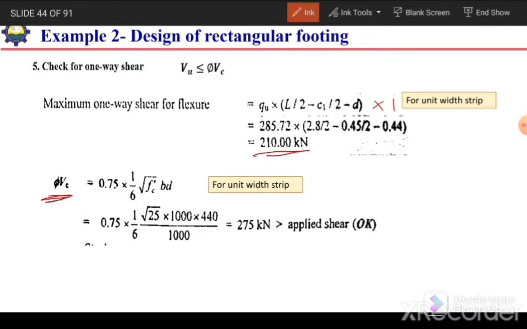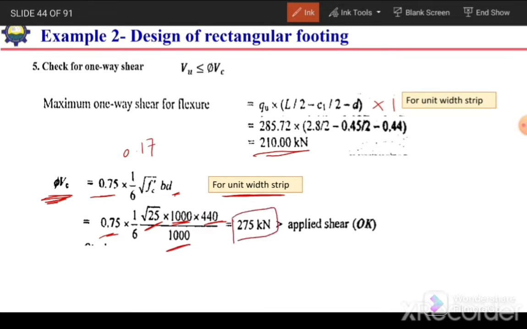Okay, then we need to calculate the capacity for the unit width of footing. Here the capacity is given by 0.75 times 1 by 6, or 0.17, times square root of fc prime times B into D. So 0.75 times 1 over 6 times square root of 25, and here B will be equal to 1000 because we are considering a unit width strip, multiplied by D, the depth of the footing, divided by 1000 to convert it into kilonewton.